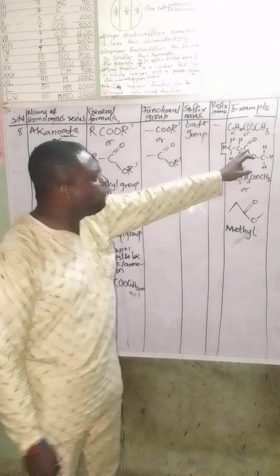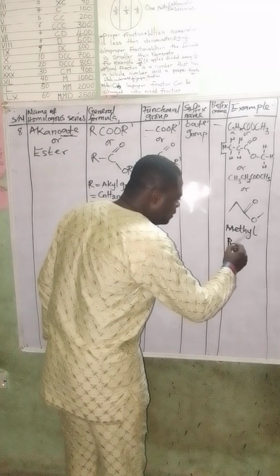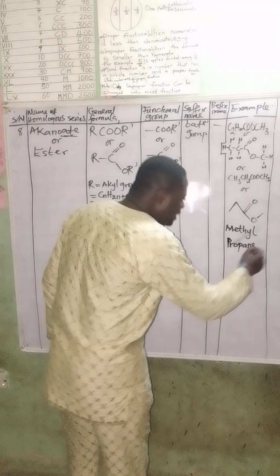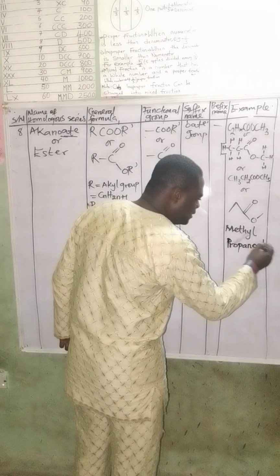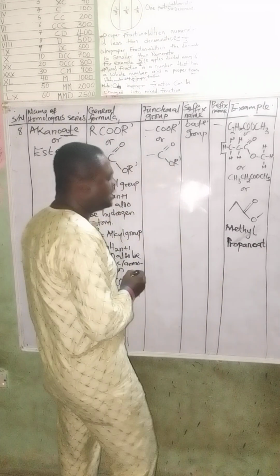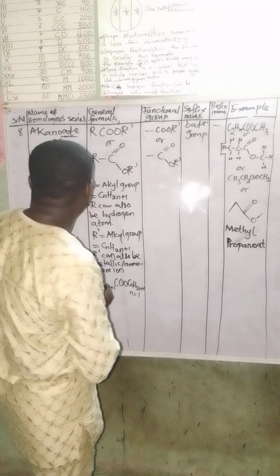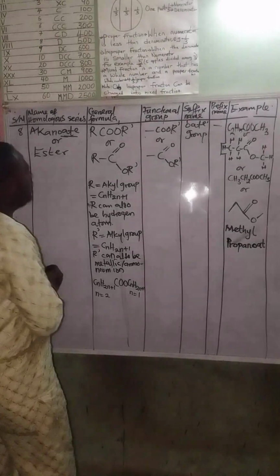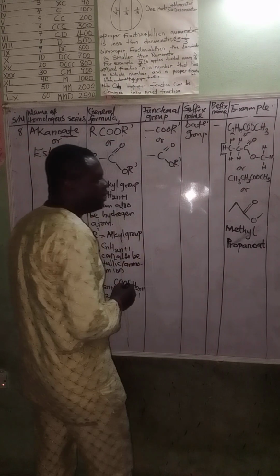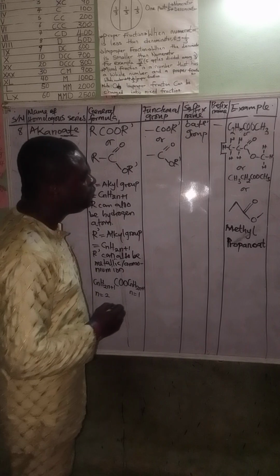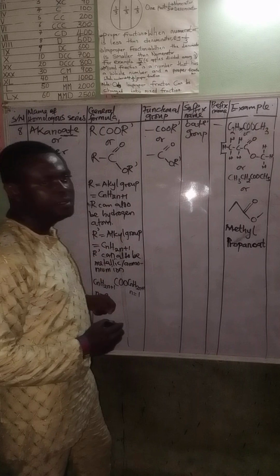But here now, we have 1, 2, 3, that's propane. Now replace the E ending of propane with OATE. Then it becomes propanoate. That's what you have there. So that is methyl propanoate.